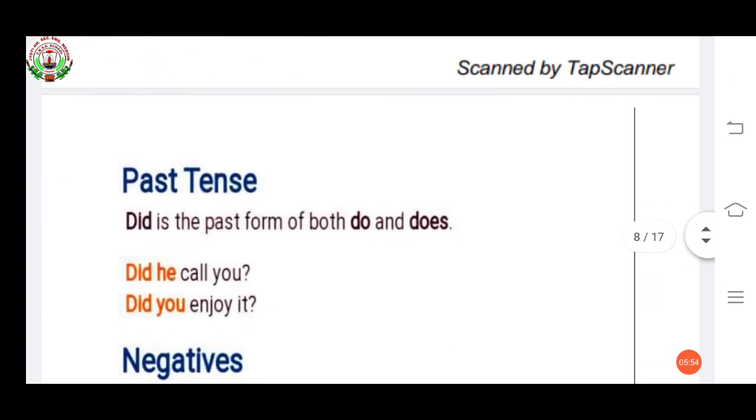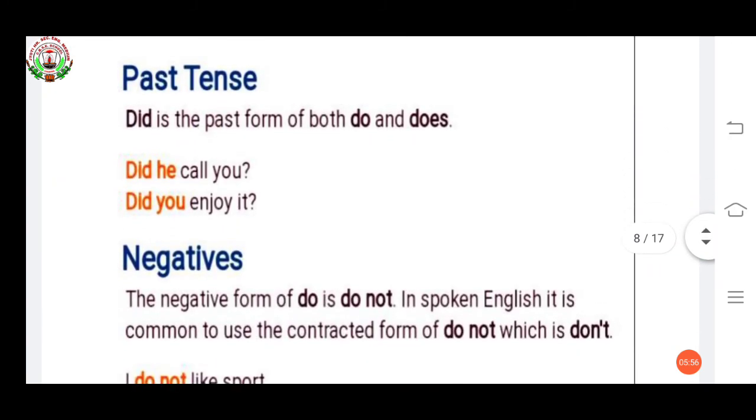Now see, did is also given in past tense. Did is the past form of both do and does. Underline this and note it down somewhere. Did he call you? Did you enjoy it? And one more thing.